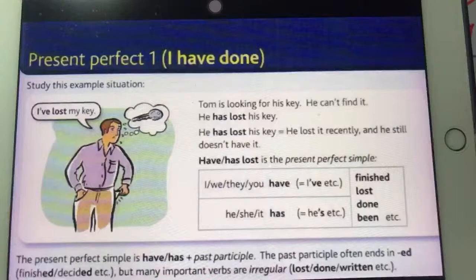Now, the irregular verb, for example, lose, lost. Look at your book. Look at your text. So you have there, lose, lost. The present form of done is do. Been is be. Okay, is or are. That's the irregular.